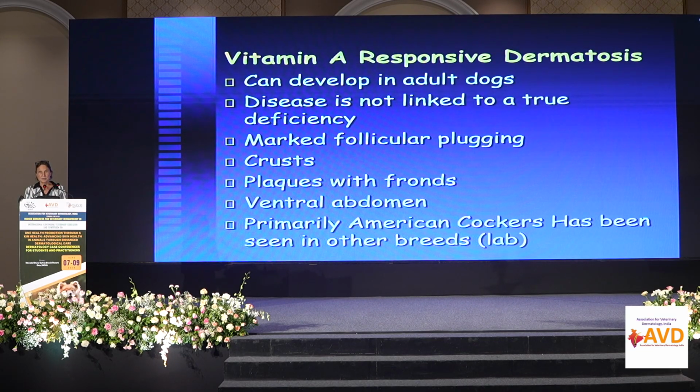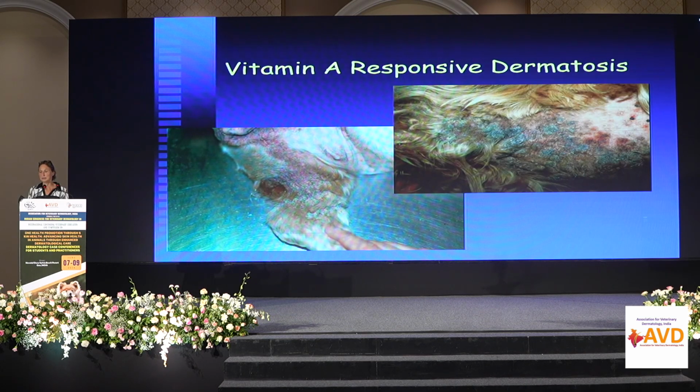Now a subset of these cockers will respond to vitamin A, so it's called vitamin A responsive dermatosis, right? And so they basically look very similar to the other dogs I showed you. And they have lots of crust and scales, and again, it's not that they're deficient in vitamin A, it's just that vitamin A helps to normalize the proliferation of the skin. So that is something that for us is still an option, to prescribe vitamin A to see if it helps.